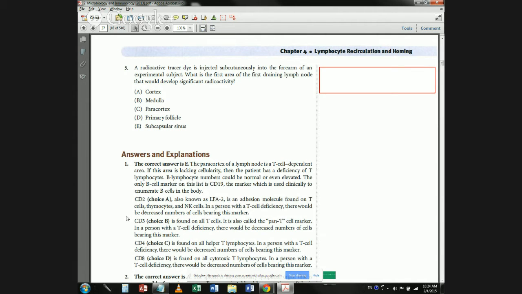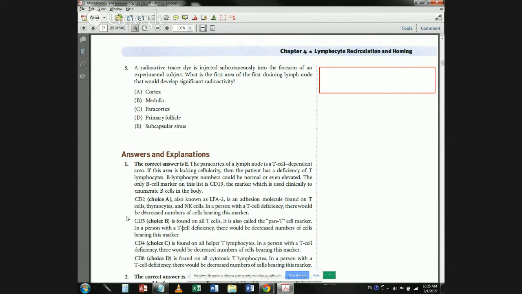So just remember: CD8 is cytotoxic T cells, CD4 helper T cells, CD3 all T cells, CD2 is all versions of T cells and natural killer cells, also called LFA2.